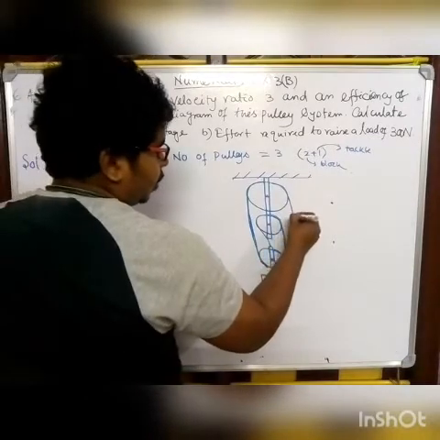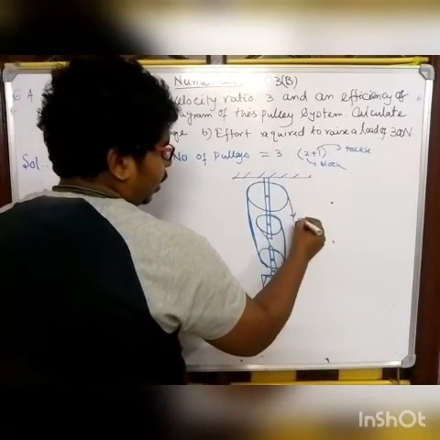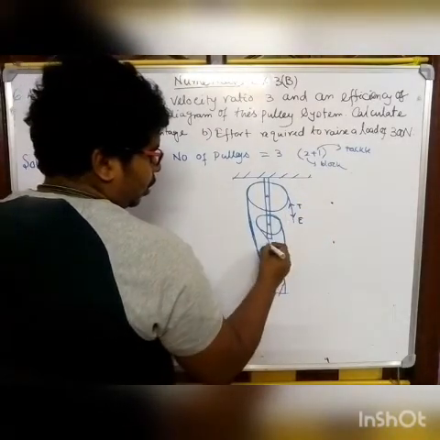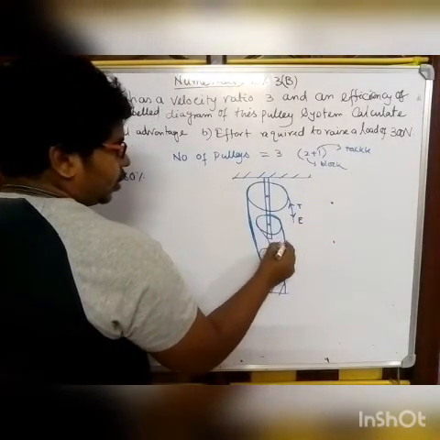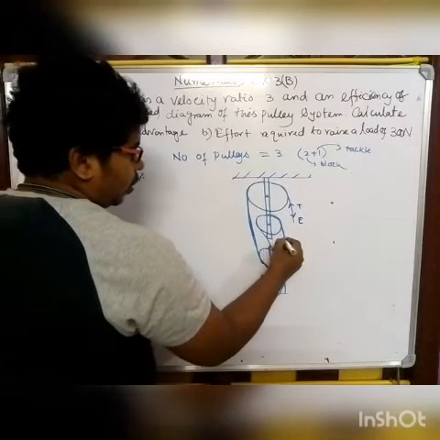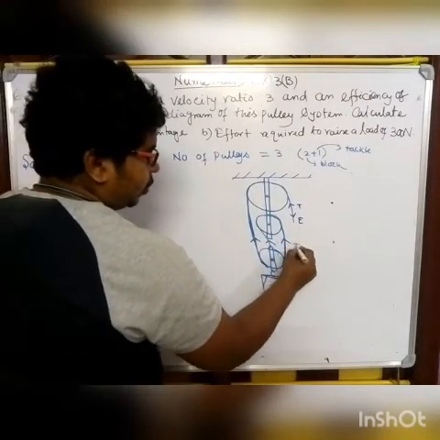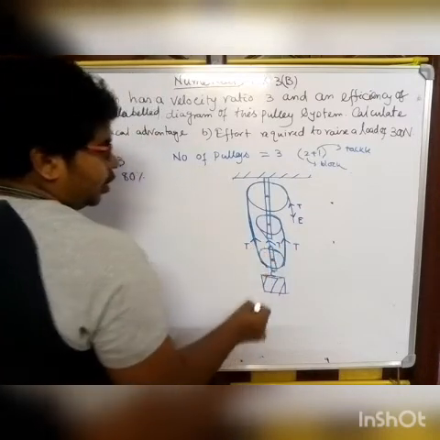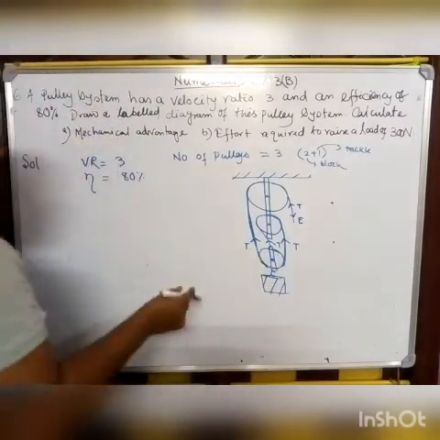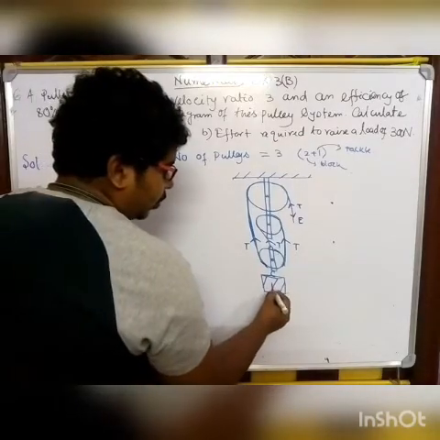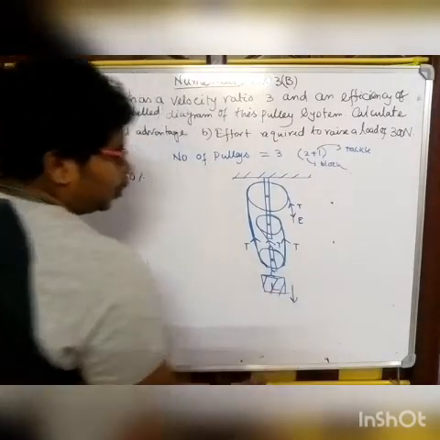Here in this direction you apply the effort, the tension acts in this direction, and here the three strands are there, 1, 2, 3, and everywhere the tension is acting upward, T, T, T. The tensions are the same because it is only one thread. And the load acts downward.